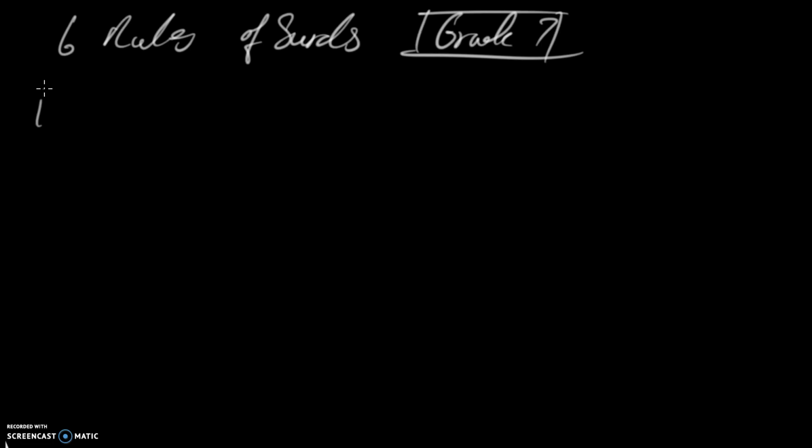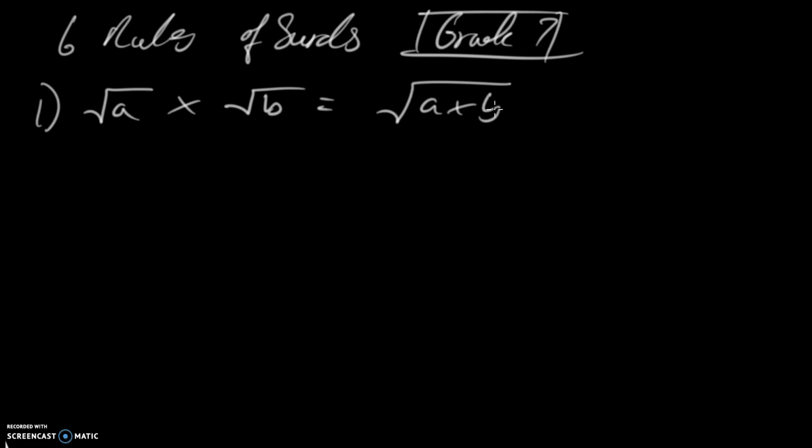Rule number 1. Root a times root b equals root of a times b. So a and b are just integers, or whole numbers, under the root.